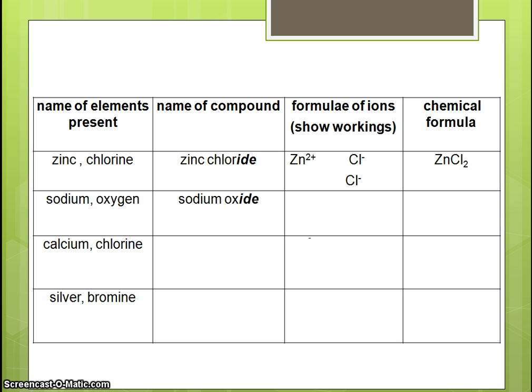The formula of the ions in the compound is your sodium ion Na+ and your oxide ion, O2-. Now, again, importantly, we balance the charges on the ions. And after that, we can arrive at the chemical formula of Na2O for your sodium oxide.